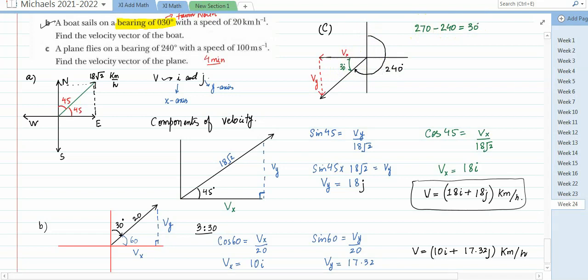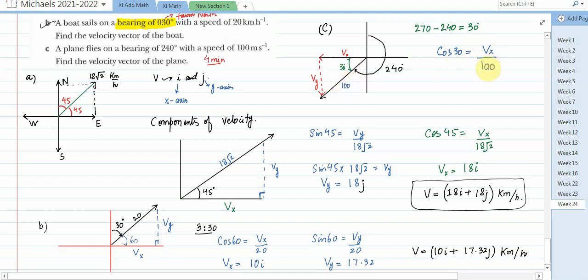All right, now the components. For the x component, again we are going to apply cos here. It will not be this one, it will be cos 30. Cos 30 is equal to adjacent divided by hypotenuse, and what is the hypotenuse? It's given in the question.